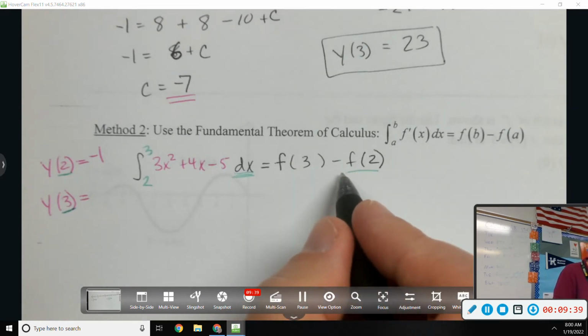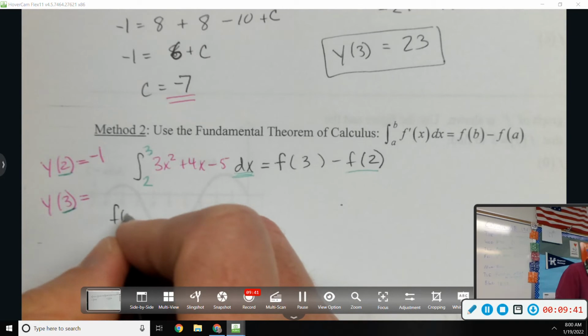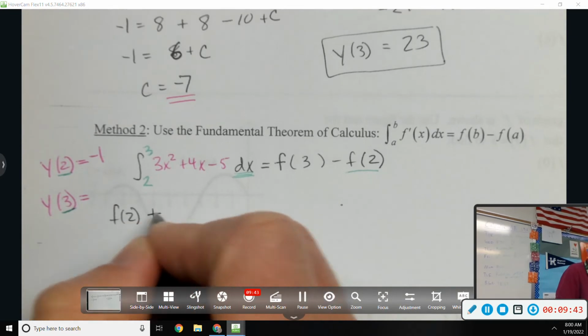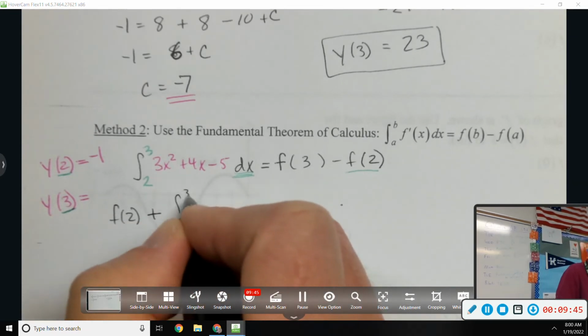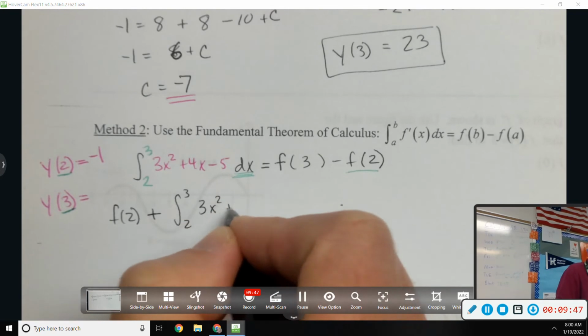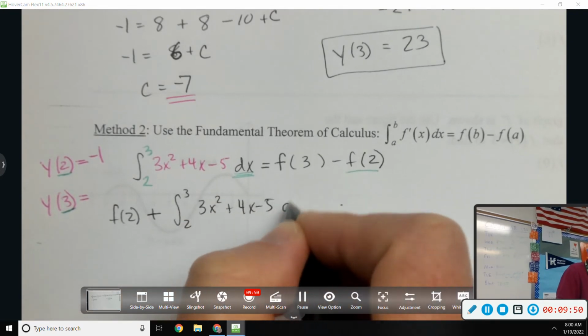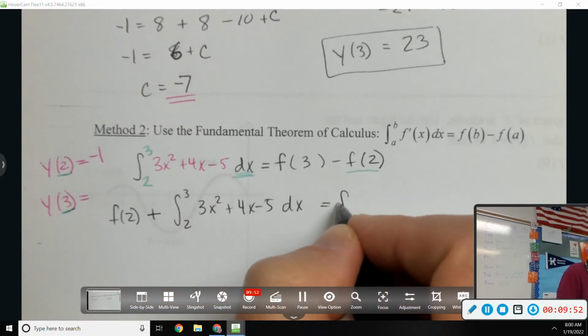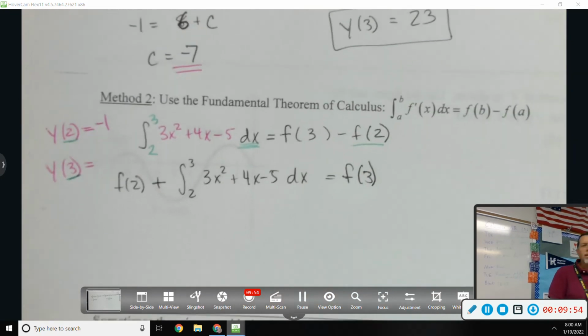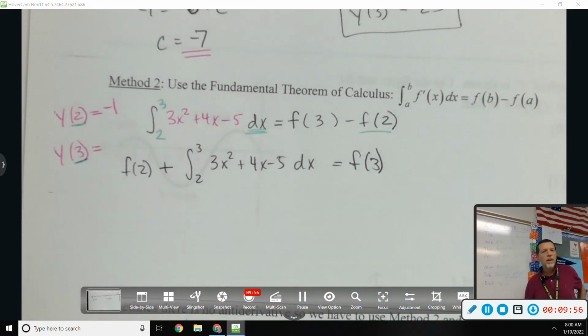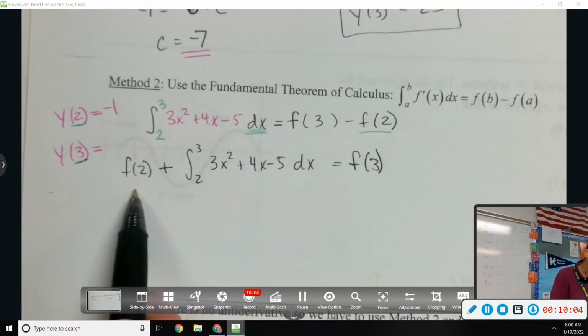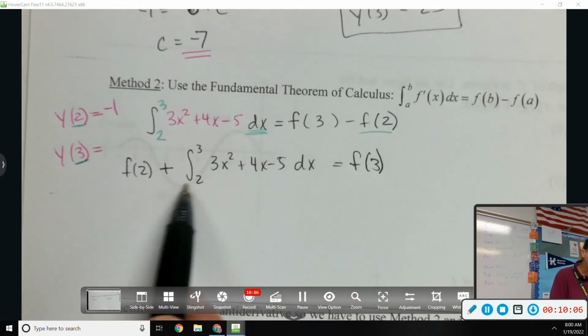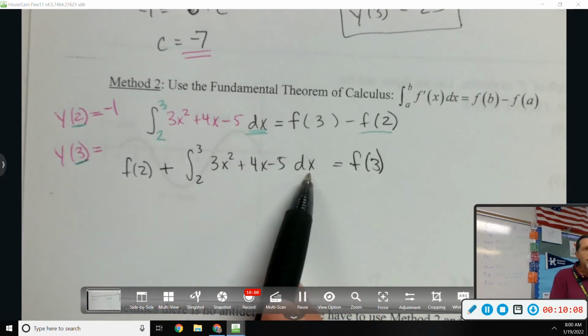So I can add f of 2 to the other side to find f of 3. f of 2 we know, f of 3 we're looking for. Then this integration, we could do that.